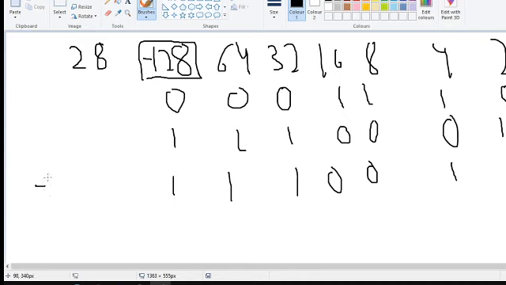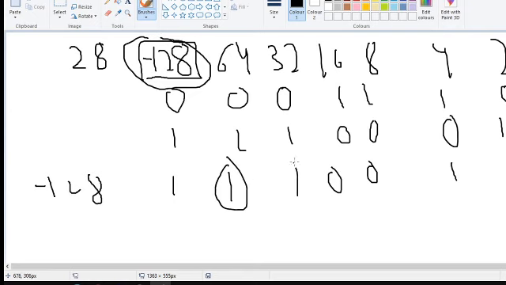So that is minus 128 plus the other values. You add that, that, and that. So minus 128 plus 64 plus 32 plus 4 gives you minus 28. And minus 28 is the value we're looking for.